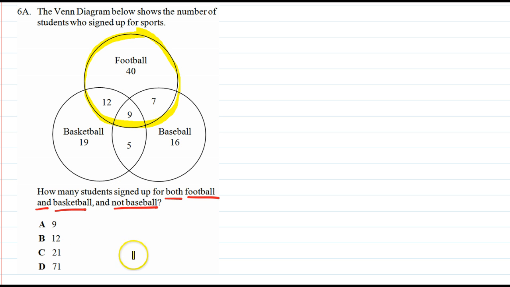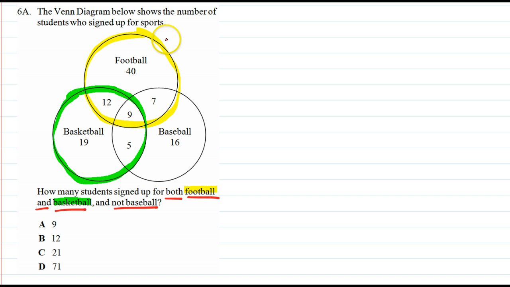So how many students signed up for both football and basketball? So we want to know, we'll make this one yellow, this one green, we want to look at where these 2 circles intersect.